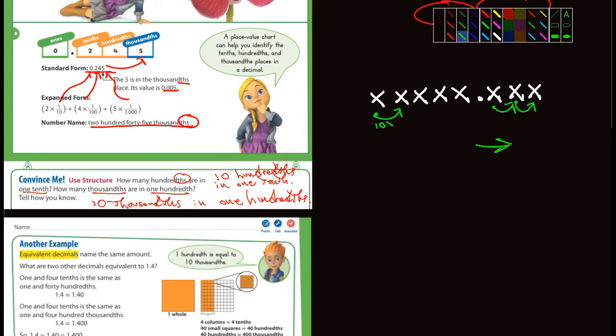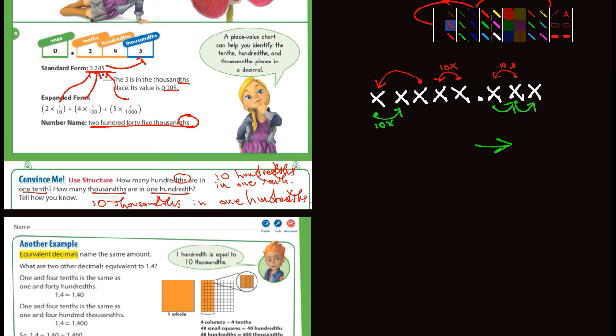10 times each way. Now, if we were going across the top here, this number here is 10 times smaller than this one. This number here is 10 times smaller than the one to its left. And what if we went from here to here?